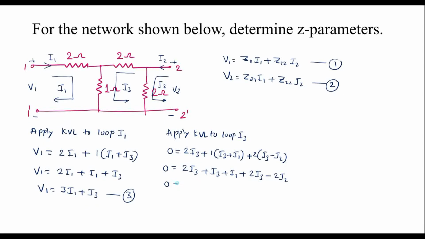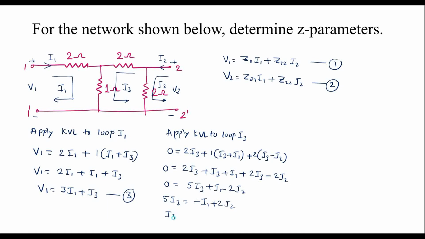Solving this further, I can write 0 is equal to 5I3 plus I1 minus 2I2. Solving this further, I can write 5I3 is equal to minus I1 plus 2I2.